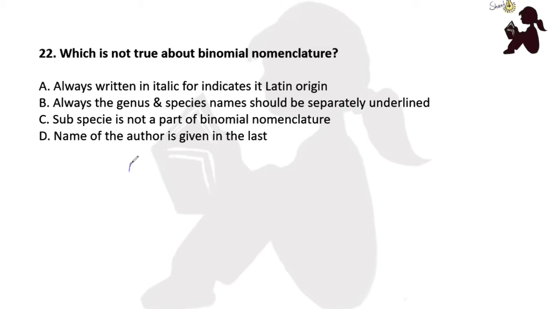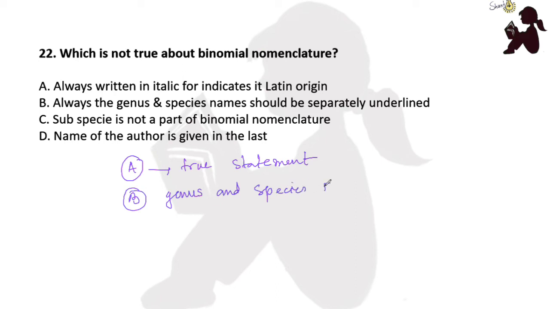Okay, so option 1 states that it is always written in italic and indicates the Latin origin. This is a true statement. Okay. Then option B, always the genus and species name should be separately underlined. This is not true because the genus and species name need to be underlined when handwritten.